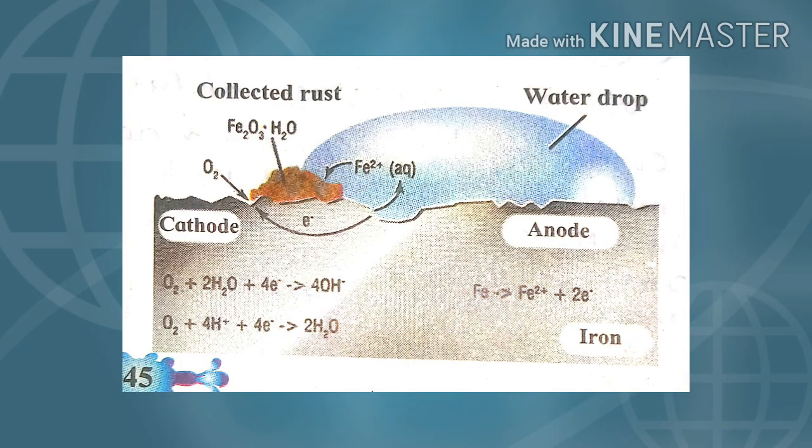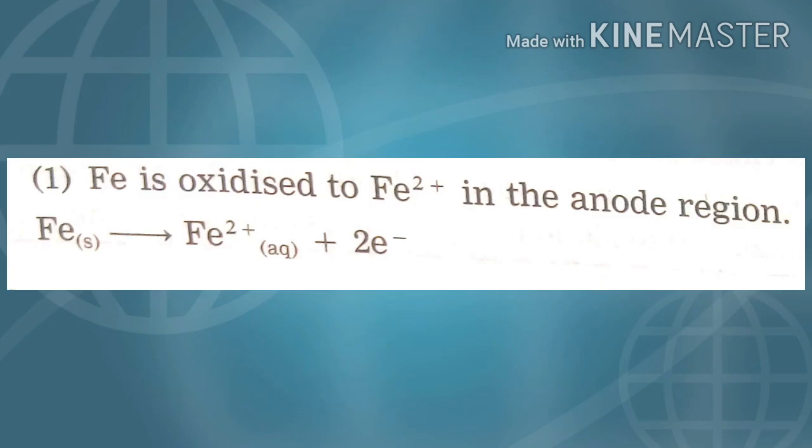Question number 5: observe the following picture and write down the chemical reaction. Fe is oxidized to Fe2+ in anode region, that is Fe gives Fe2+ plus 2 electrons.